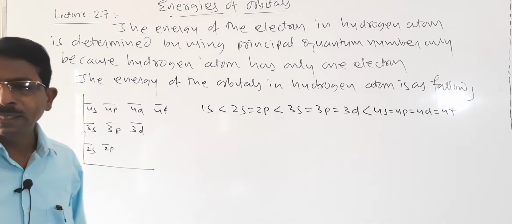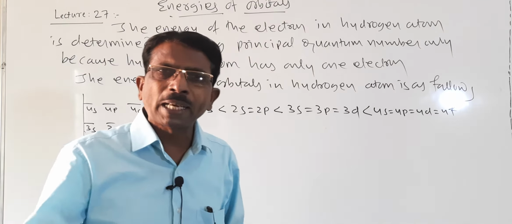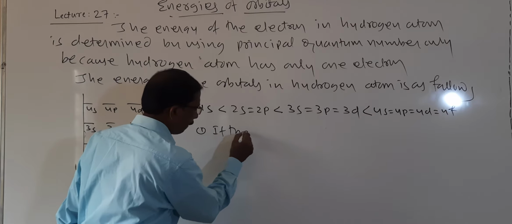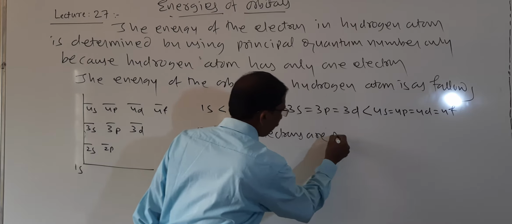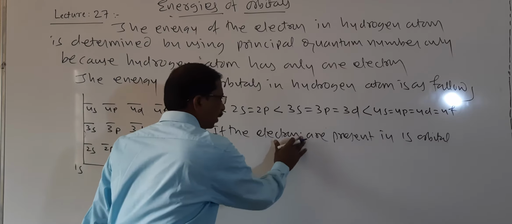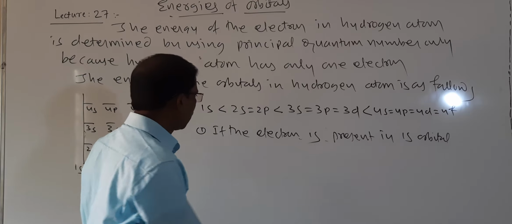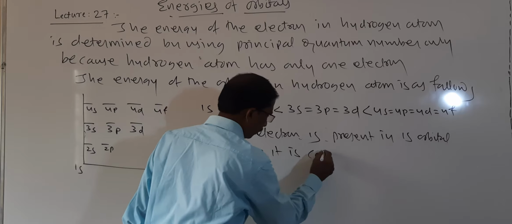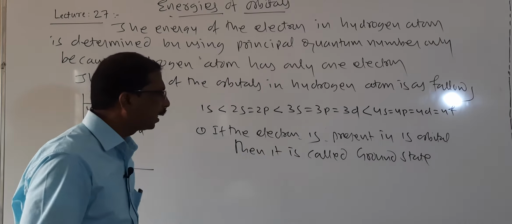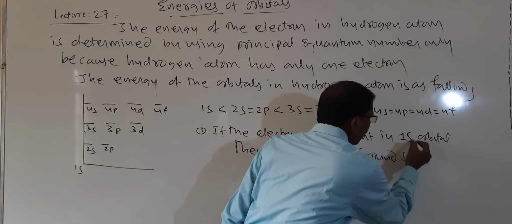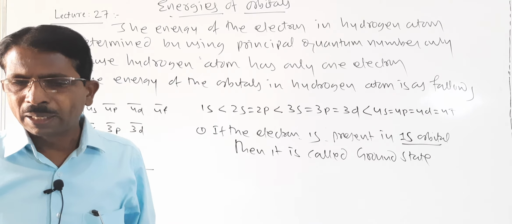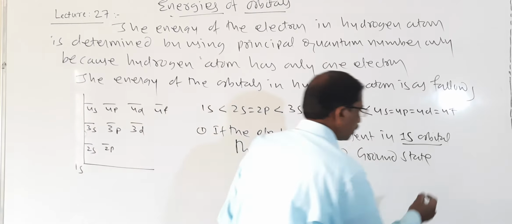And after this, in the hydrogen atom, if the electron is present in the 1s orbital, then it is called a ground state, normal state, or stable state.